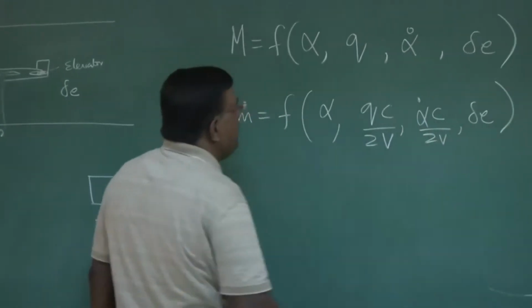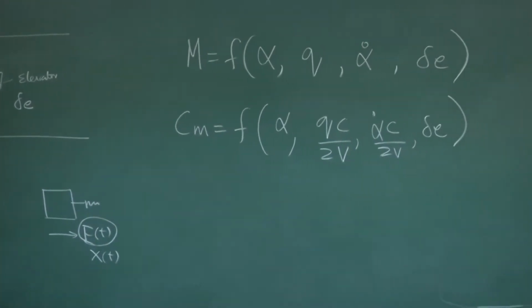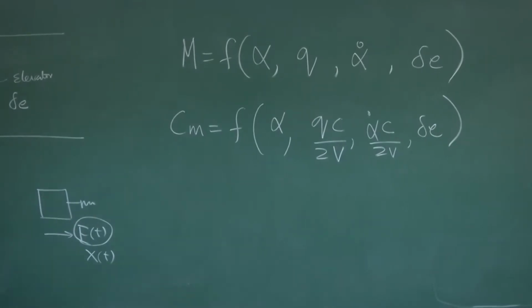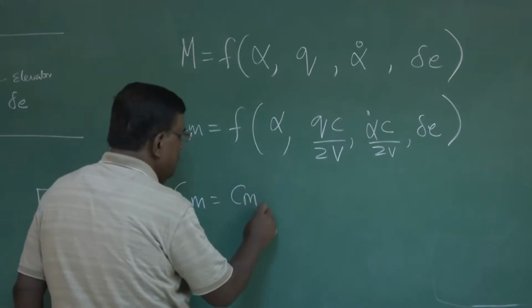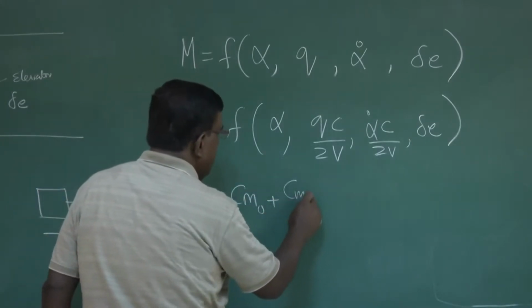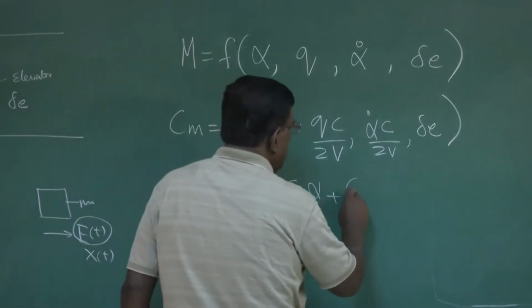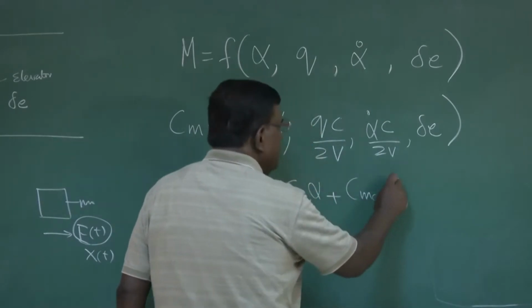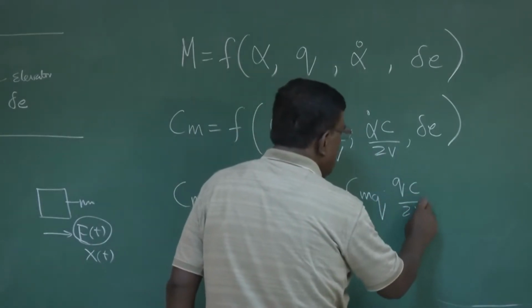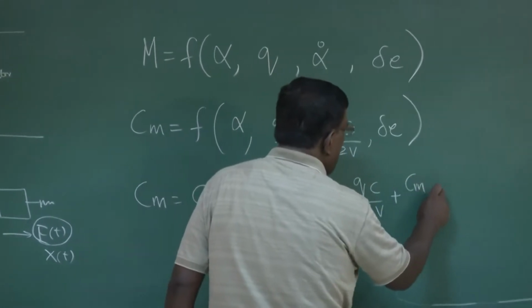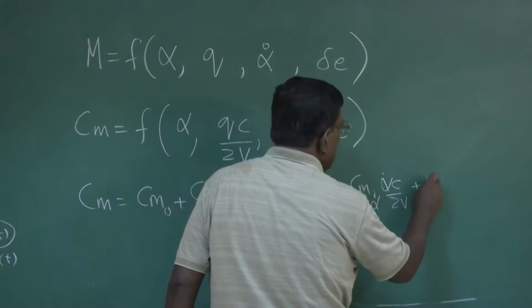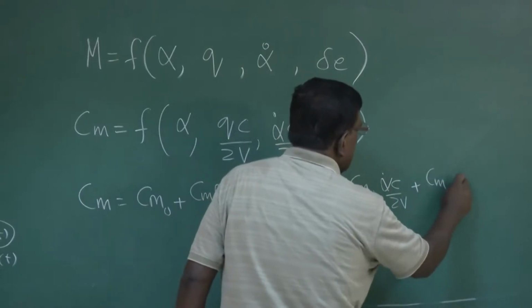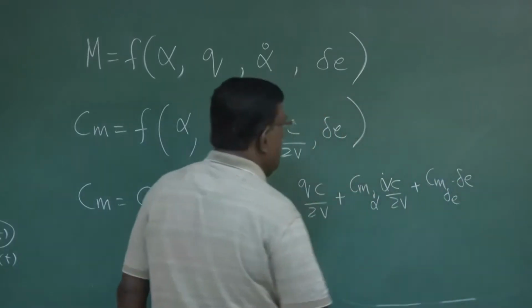If this is the form, then using a Taylor series and assuming linear aerodynamics, I can expand Cm as Cm naught plus Cm alpha into alpha plus Cmq into qc by 2V plus Cm alpha dot into alpha dot c by 2V plus Cm delta E into delta E.